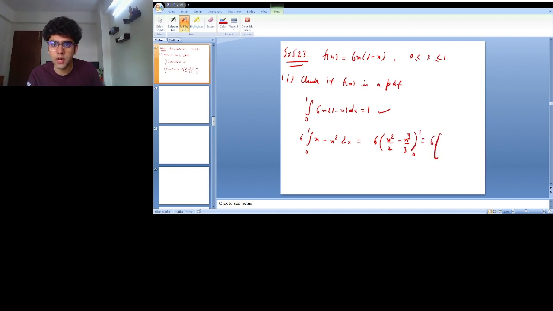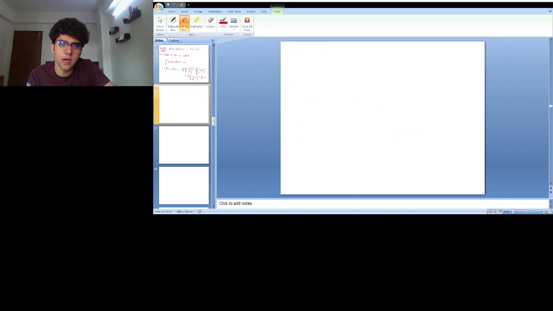So I'll have 1 by 2 minus 1 by 3, which is 3 minus 2 divided by 6, which is 1 by 6. Multiplied by 6, this is equal to 1. So this is a valid PDF.